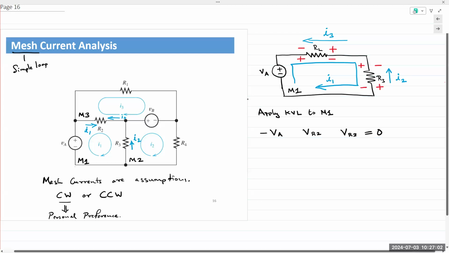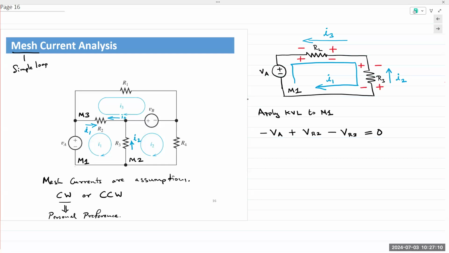So I would have minus VA plus VR2 minus VR3 equal to 0. And again, this goes back to the purpose of those earlier homeworks. Students need to be able to apply KVL, KCL quickly, correctly, and efficiently.